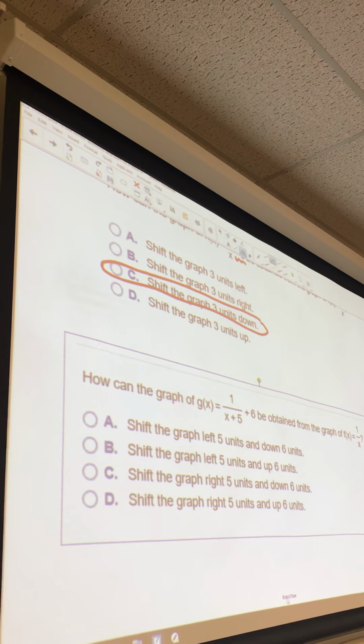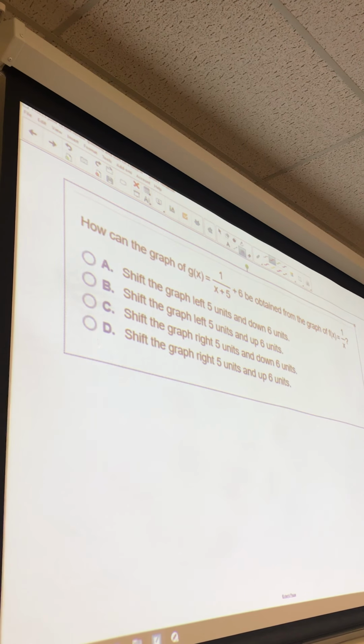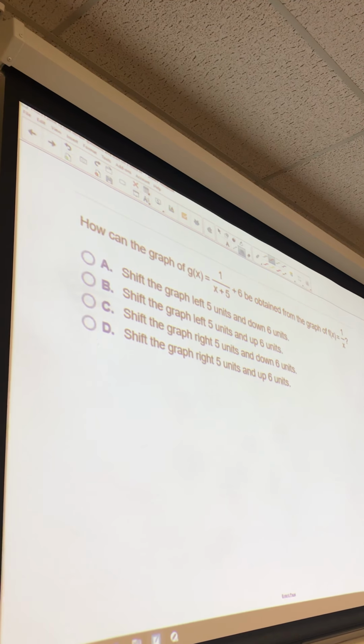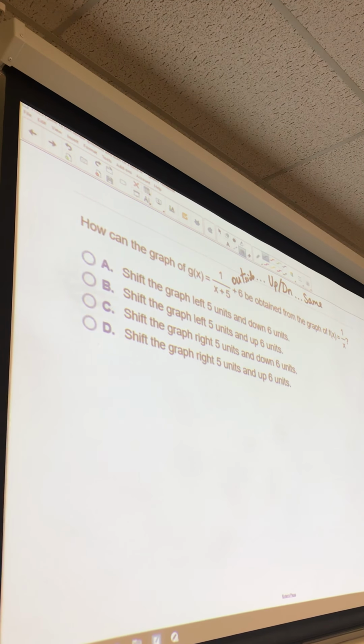All right, so then if we've got this one, 1 over x plus 5 plus 6. Okay? So, from what we just said, the plus 6 is the outside number. We said that's about up or down, and the same as what we would think from the sign. So that means the 5 is inside 1 over x with the x, see? It's down there with the x.